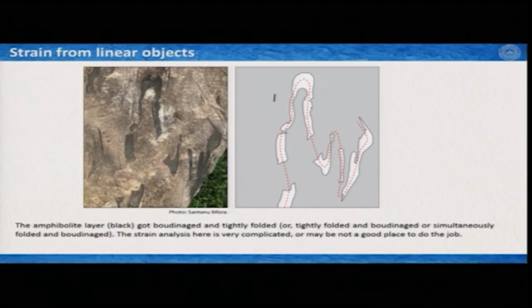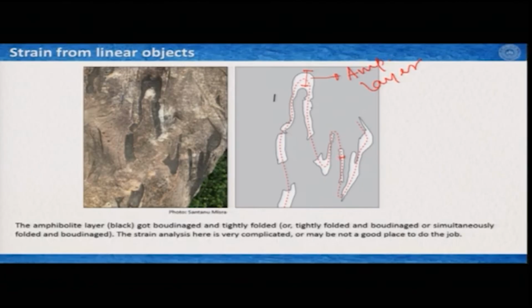Now, it can be even more difficult if you have a budinaged layer which is tightly folded. Here in this case, again this is an amphibolite layer. I made a sketch of this amphibolite layer on the other side. So here the white one is your amphibolite layer which got budinaged and folded. We are not going to discuss which one happened first or whether they happened simultaneously, but if you would like to do linear strain measurement, you can see that in some parts this layer got thickened, in some parts the layer got thinned.